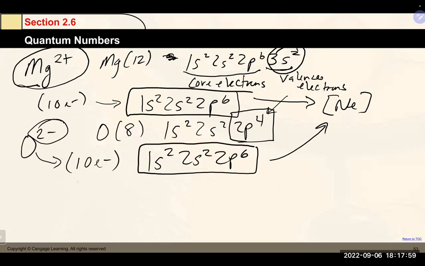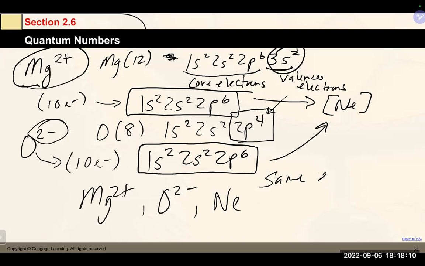All 3 of those things, magnesium with a +2 charge, oxygen with a -2 charge, and neon, they all have the same electron configuration. They are what are referred to as being isoelectronic with each other. So isoelectronic means that they have the same electron configuration.